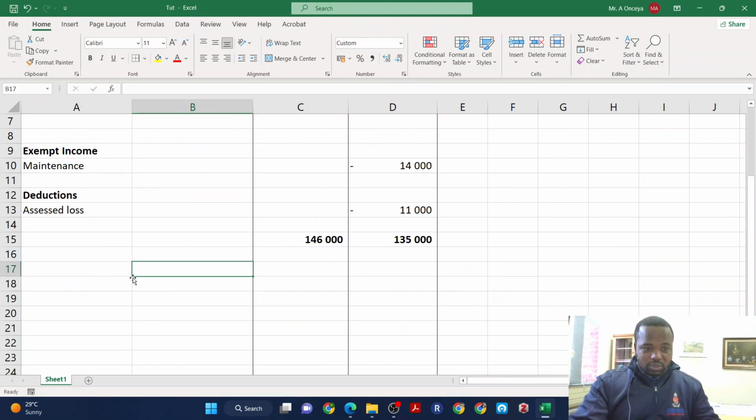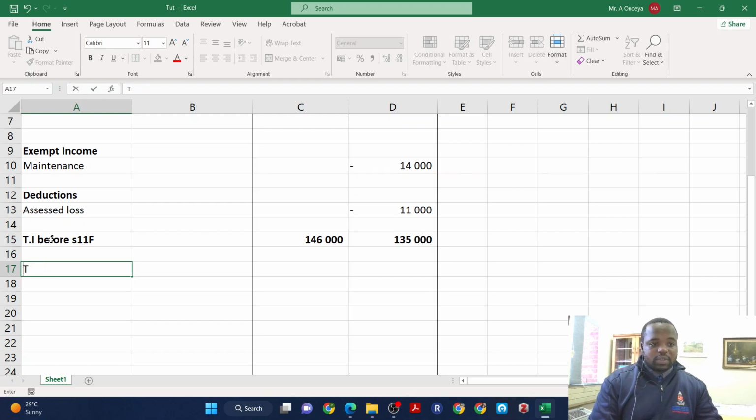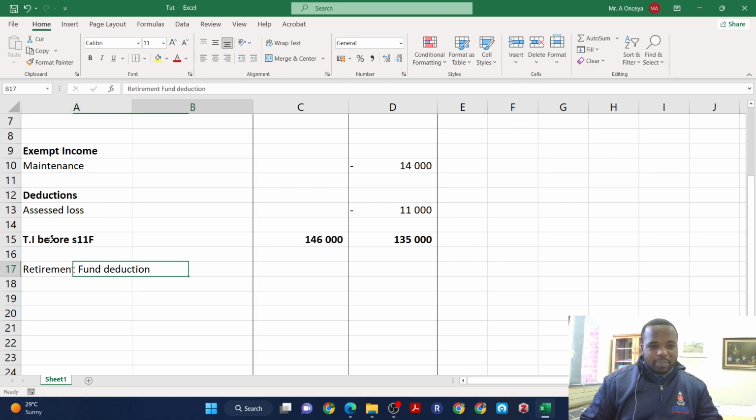So we just need the taxable income before 11F. And then we deal with 11F. First of all, the retirement fund deduction. That's what we're doing.